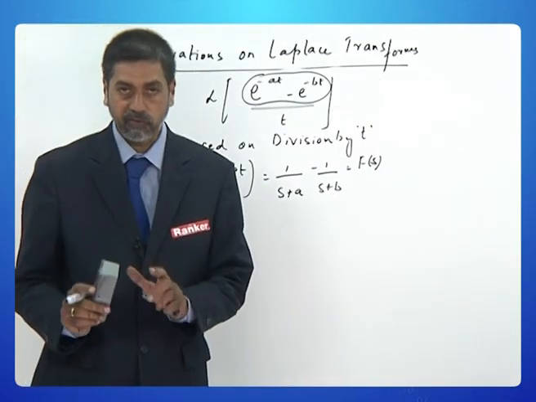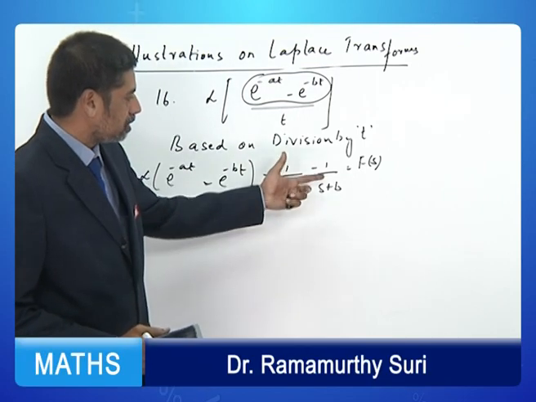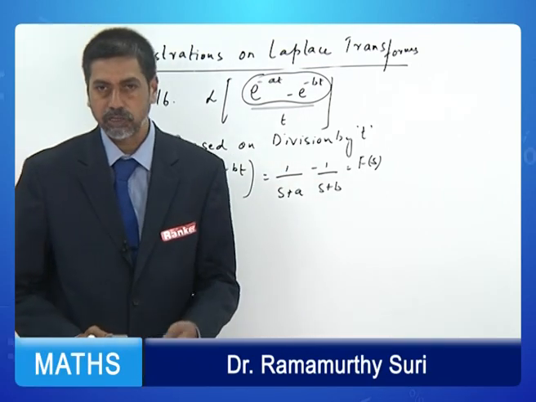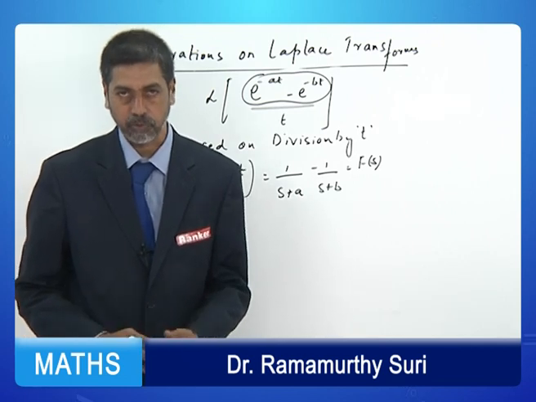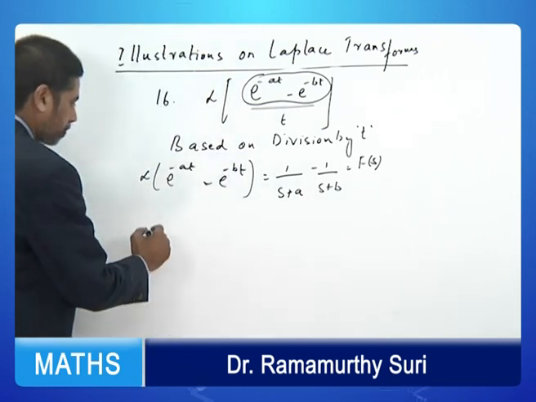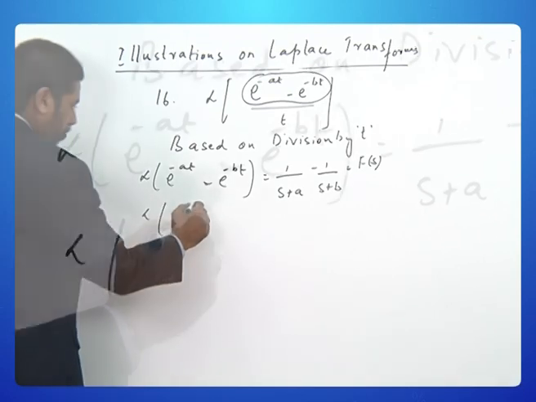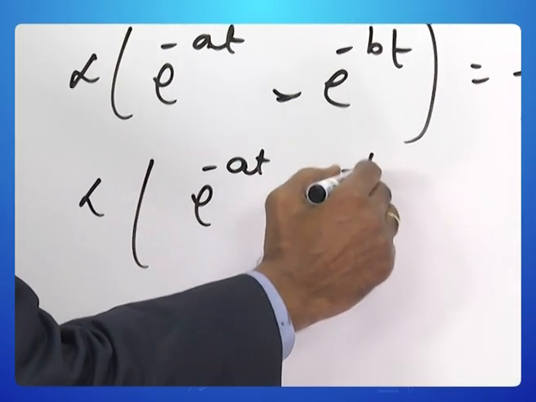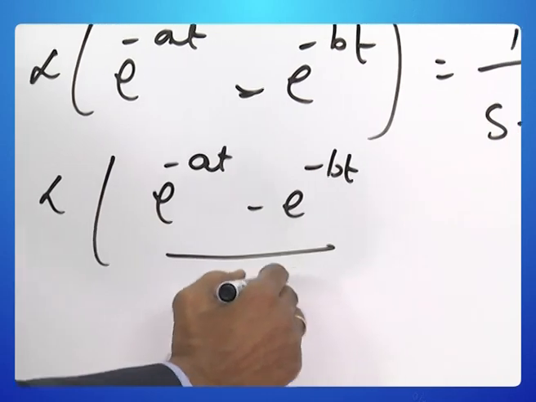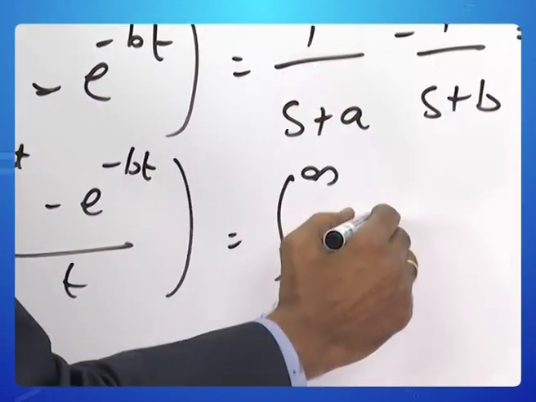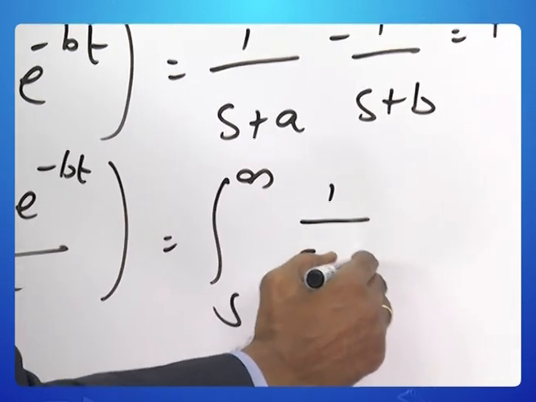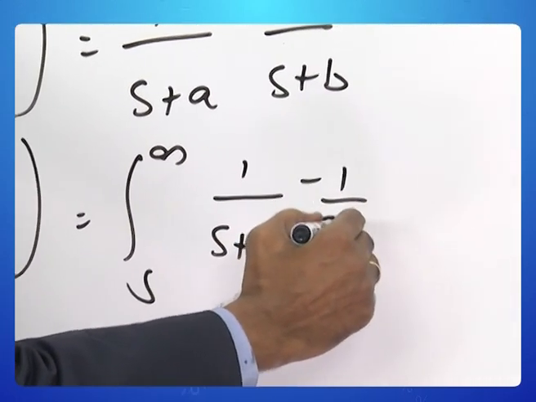Of course, you must be careful not to take LCM and combine them, because that would lead to complicated situations in the next stage of the problem. So don't take LCM. So Laplace of e power minus at minus e power minus bt by t is integral s to infinity of 1 by s plus a minus 1 by s plus b.